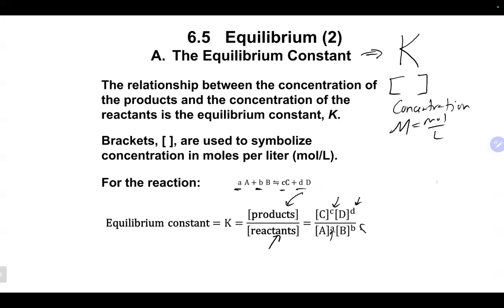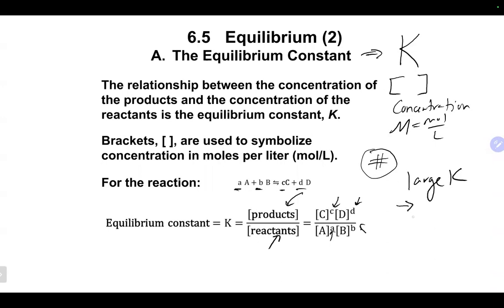What is the equilibrium constant? Well, the equilibrium constant is one of the few things in chemistry that is simply a number. It is a number that tells you a couple of things. If you have a really large value for K, when I reach equilibrium, would I mainly have reactants or products?